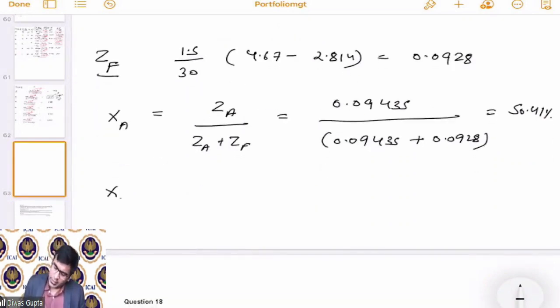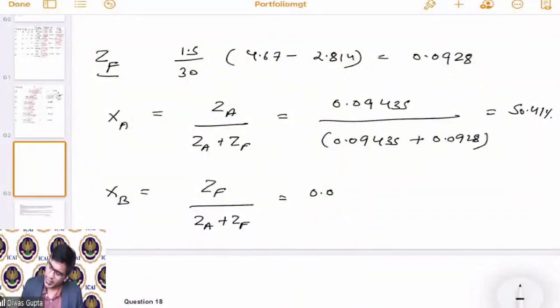For XF, it is ZF divided by ZA plus ZF, which is 0.0928. Correct? ZF is 0.0928, divided by 0.09435 plus 0.0928.